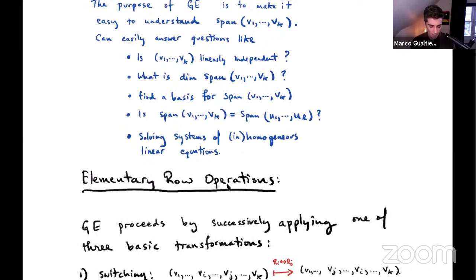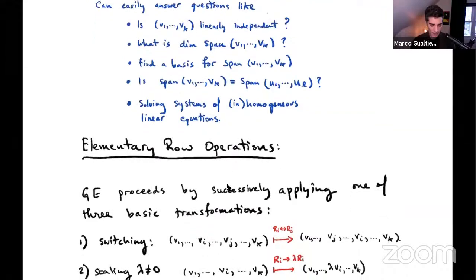And the other thing is, if I give you two lists, how do I know whether the span of one list and the span of the other list are the same? All of these questions can be easily solved with Gaussian elimination. It also solves systems of homogeneous or inhomogeneous linear equations in a completely easy way.